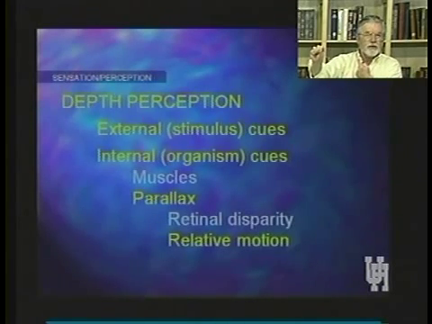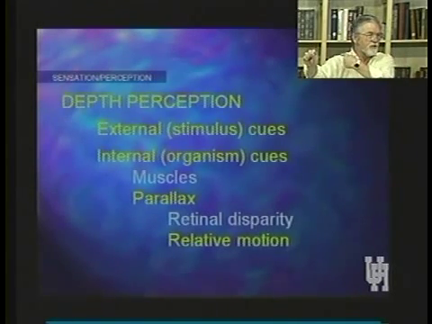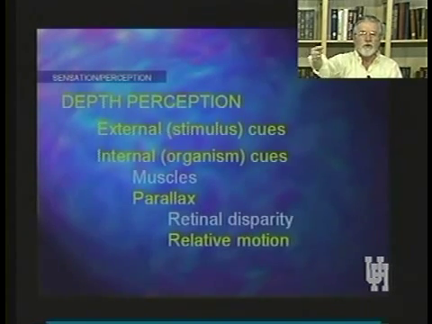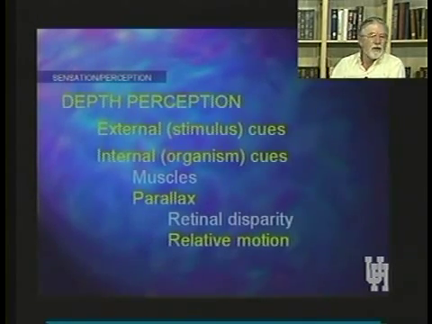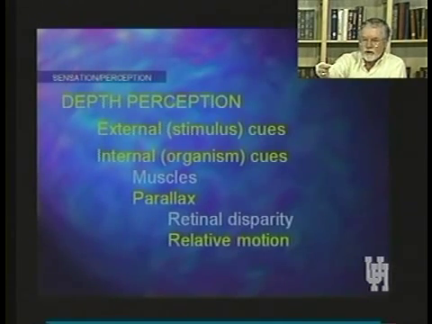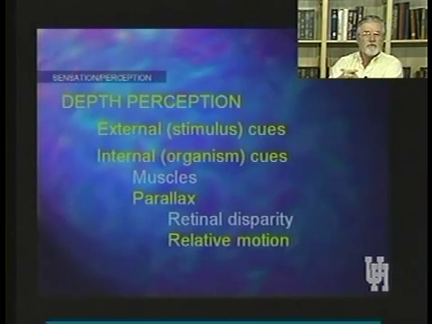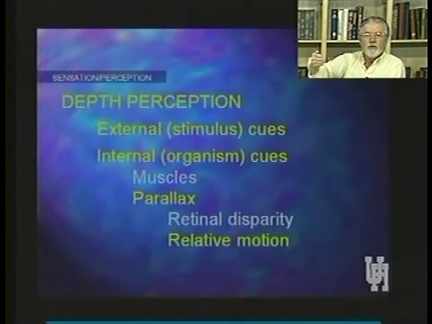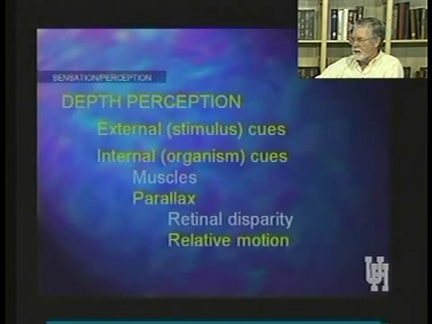Again, objects between you and the focal point are going in the opposite direction perceptually, but the objects beyond the focal point are moving with you. That becomes a particularly powerful cue that you and I control, because where we look determines which way the information is flowing past us, and becomes very powerful in anchoring where the object is that we're staring at relative to the entire view that we can see.